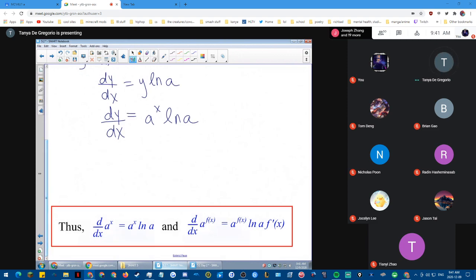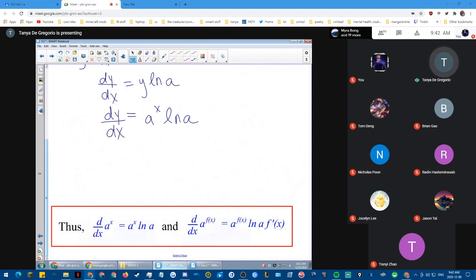And of course, as your functions become more complicated, as they're not just x, we're going to use the chain rule. So we're also going to have to multiply by the derivative of whatever you're exponenting. Are there any questions? So how is this different from when you have a base of e? What's the difference?